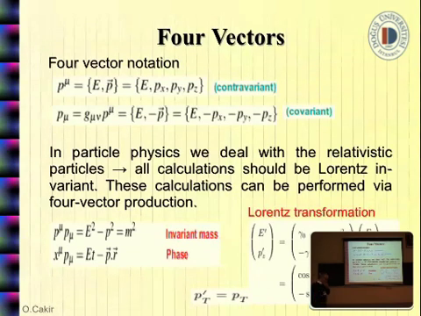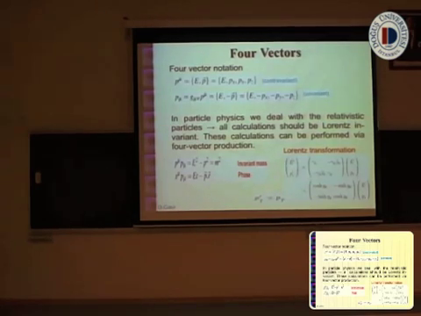Okay, let me go to a bit different topic, on the 4-vectors, because we want to make some calculations in 4-dimensional space-time. Then we want to use 4-vector notation. For example, the covariant component of the momentum p mu is given by this relation, and the contravariant component and the covariant component here.